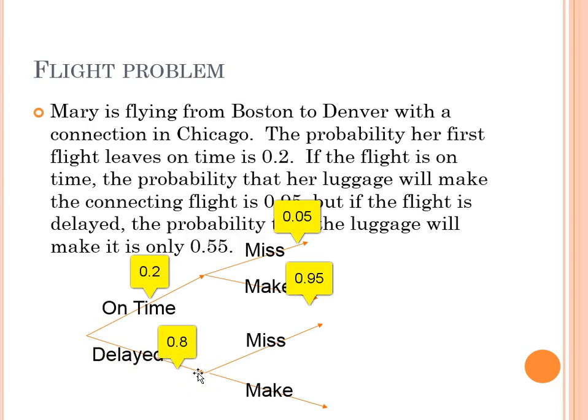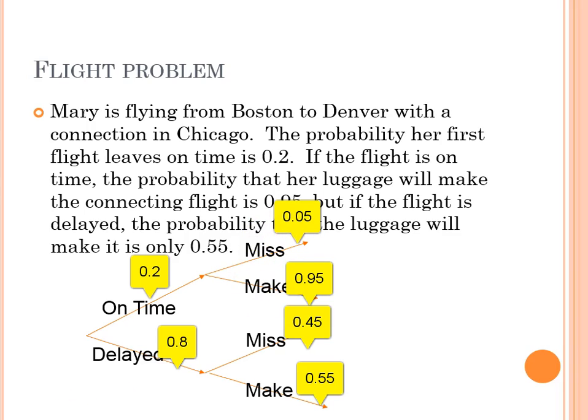The probability the luggage will make it is 0.55. And that then also tells us the probability the luggage misses if the flight is delayed, and that's 0.45. So we can fill out this branch from the wording of this problem, focusing on the statements of the if, because they'll be the second branches.